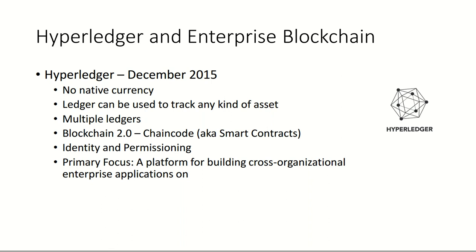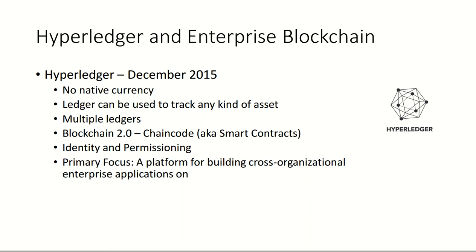But because we don't have this currency to worry about, we're no longer subject to the limitation of having just one ledger. Remember, on Bitcoin and Ethereum, we could only have a single shared ledger, because if we had more than one, it would be impossible to reconcile payments, who got paid and who didn't. Well, if we don't have to worry about reconciling payments, that limitation goes away. So Hyperledger supports multiple ledgers.